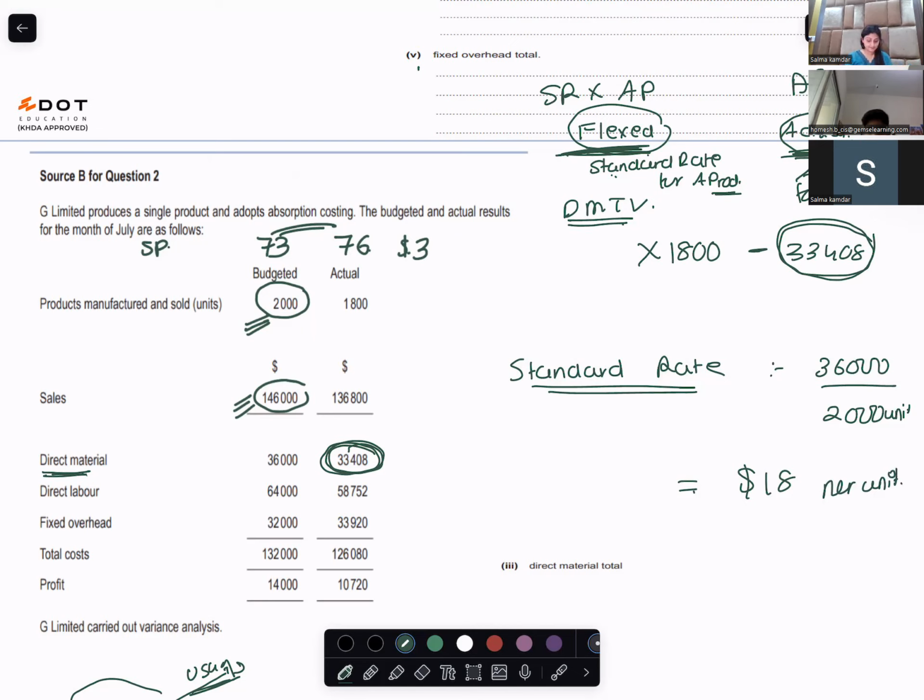What will you get? Just 18. Just $18. So the standard rate is 18.